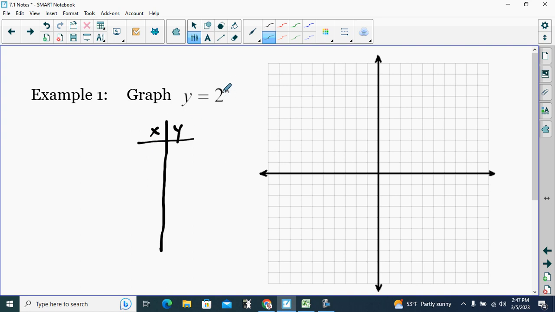Let's think about what our domain is, what we're allowed to plug in for x. We can plug in positives, or 0, or negative numbers. Exponents can be negative as well. -2, -1, 0, 1, 2 will typically be enough. I'm going to plug in 3 just for this first one so we can get a slightly better graph.